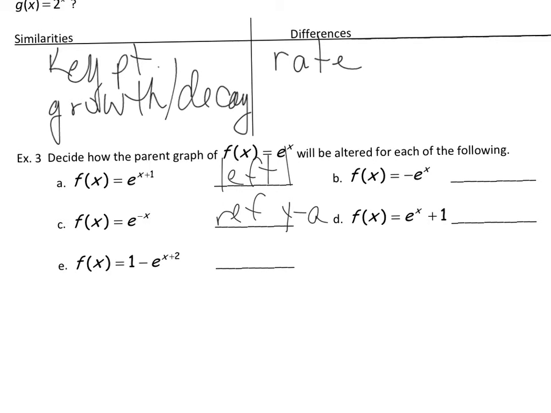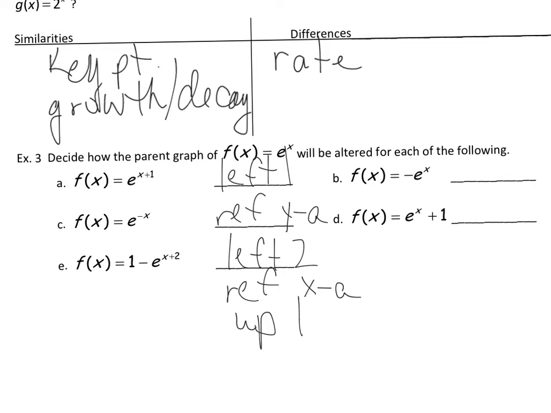Here we have multiple things happening. First thing is we have the +2, so since it happens to x first, we first move left 2. Then we have the negative on the outside, which is a reflection about the x-axis, as y's would go from up to down. And then lastly, we have a +1 on the outside.